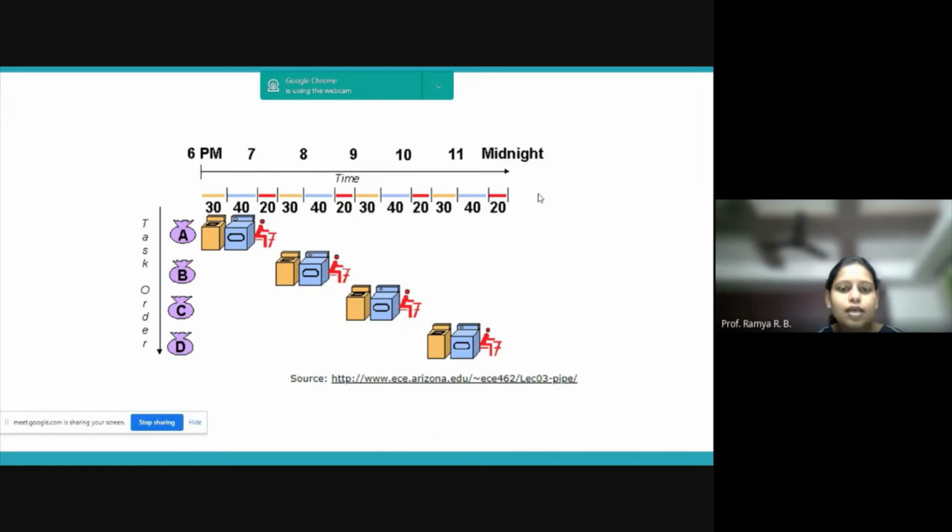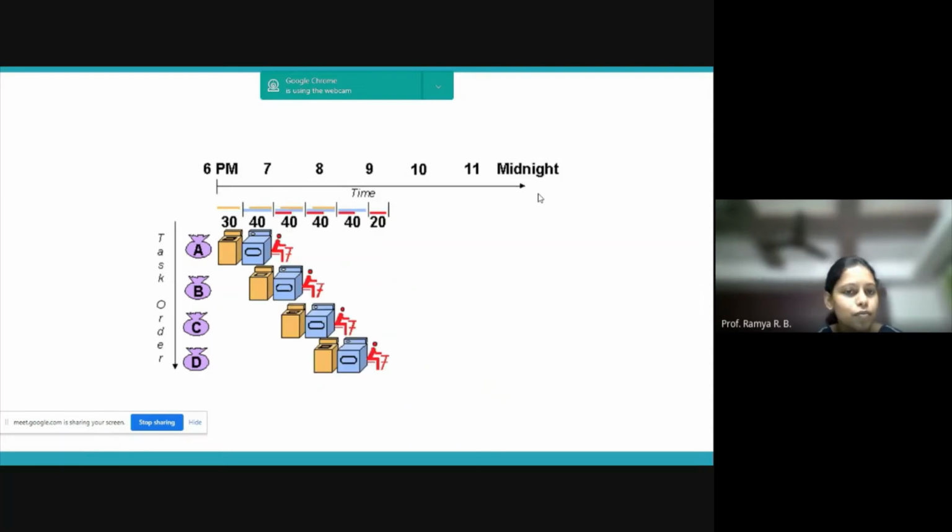Now suppose he is doing pipelining, he is using the concept of pipelining. What will happen? See, first 30 minutes, he's starting with the laundry bag A, he's washing. In the next 40 minutes, he is drying the first bag, right?